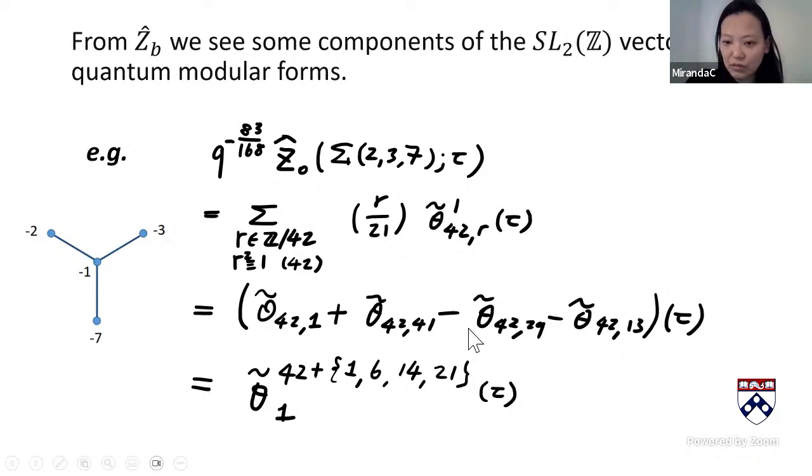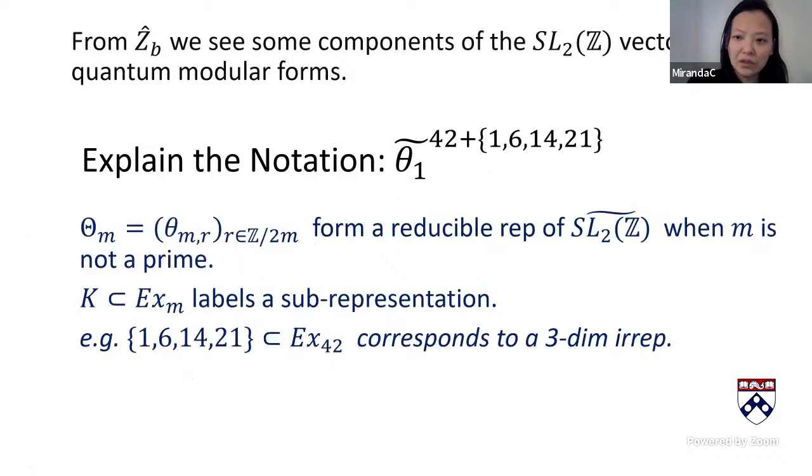There are 4 terms in terms of the basic components of theta functions of level 42. Okay, and then you could actually combine it into 1. So what am I doing here? Let me explain this notation because I'll use similar notation, but the detail is not important, just to illustrate the idea.